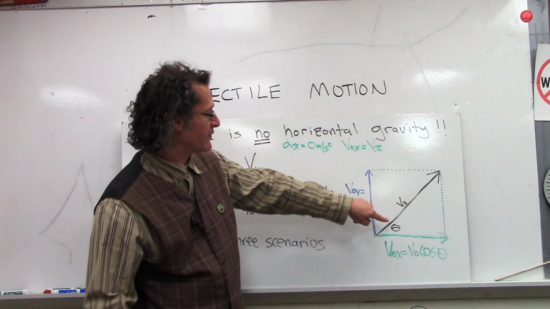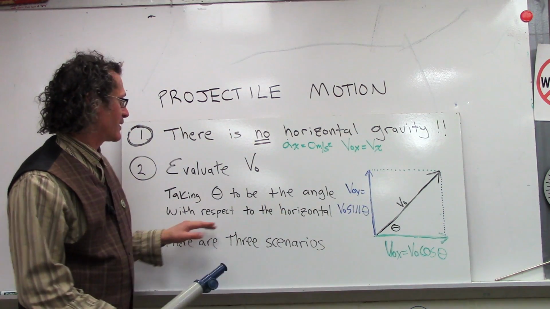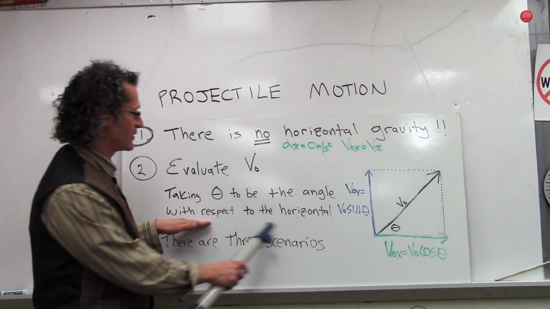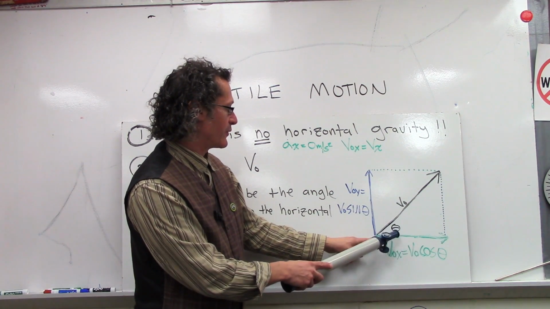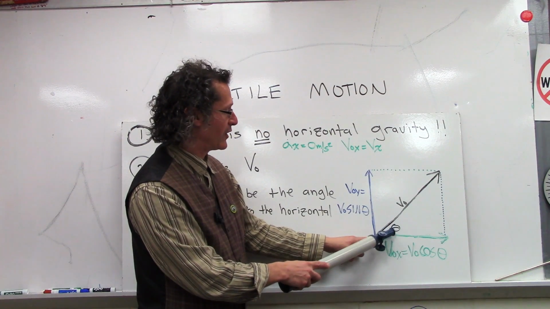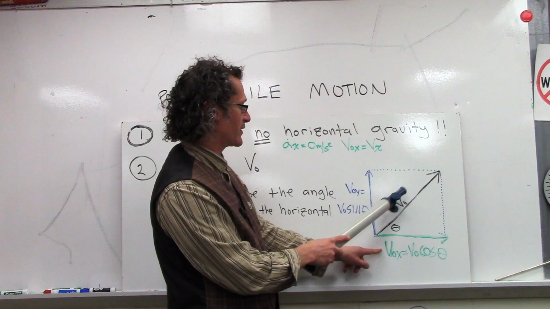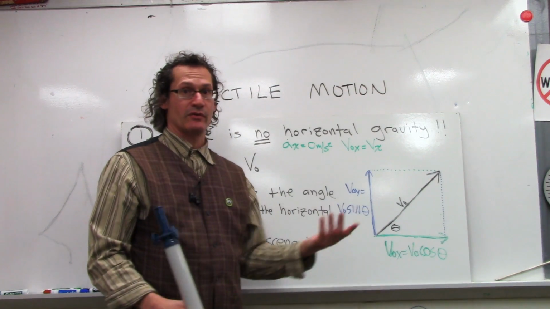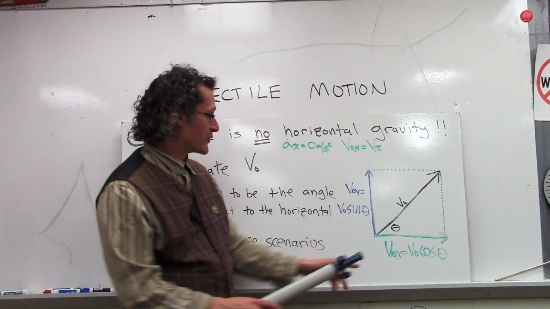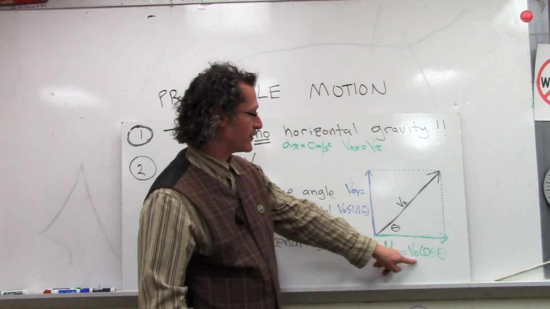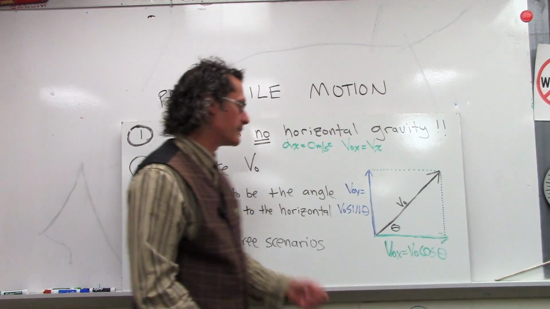Because what we have here is v naught projected at some angle theta that we said is going to be taken with respect to the horizontal. So this angle here, we notice the adjacent side relative to this angle, so it's related to the cosine of the angle relative to the hypotenuse. If we look at SOHCAHTOA, the cosine is related to the adjacent over hypotenuse. So here we go. v naught x is equal to v naught, which is the hypotenuse, times cosine of theta.